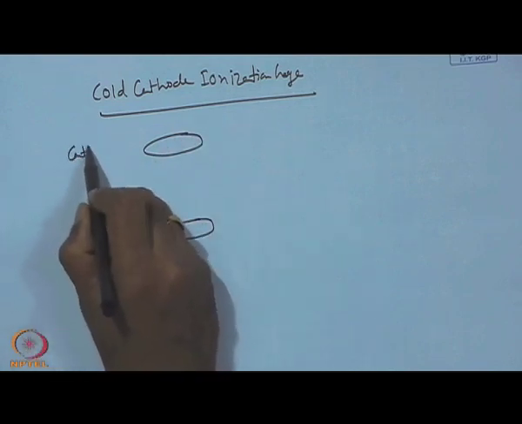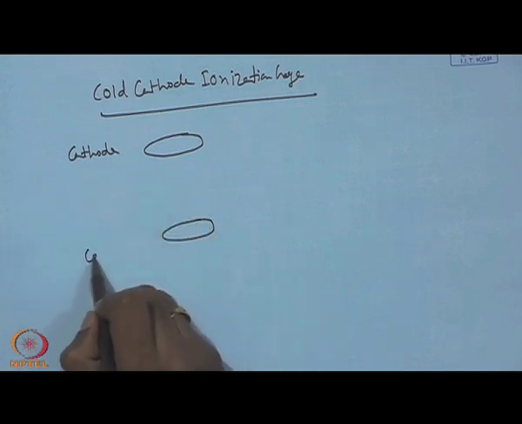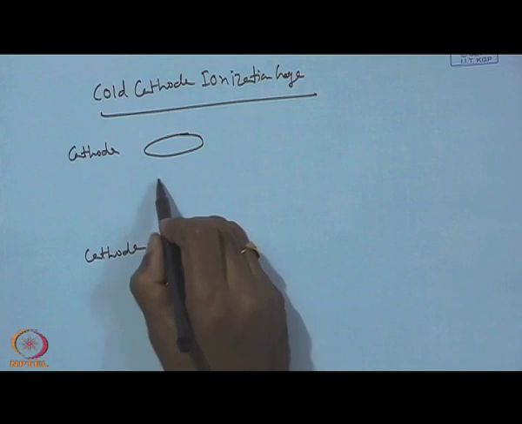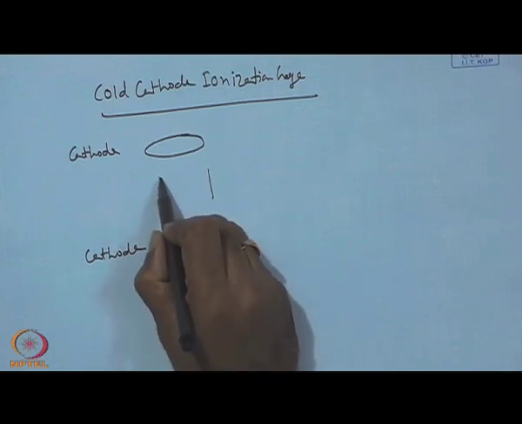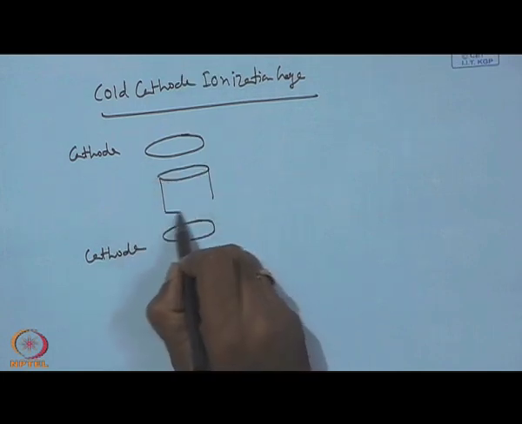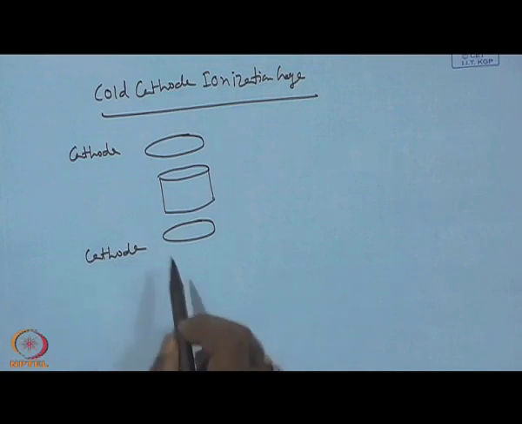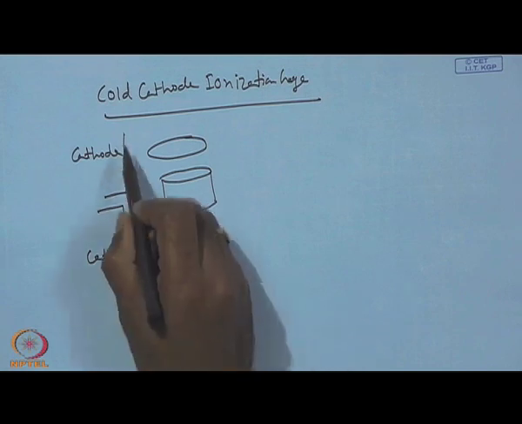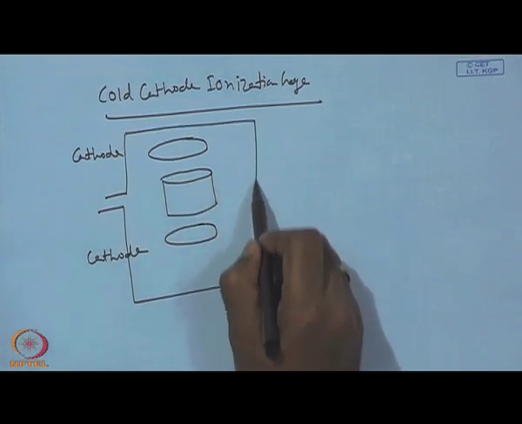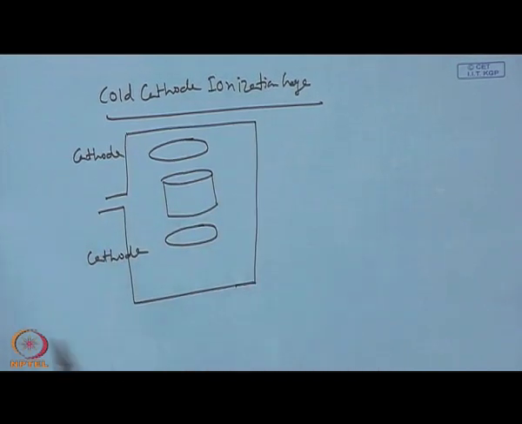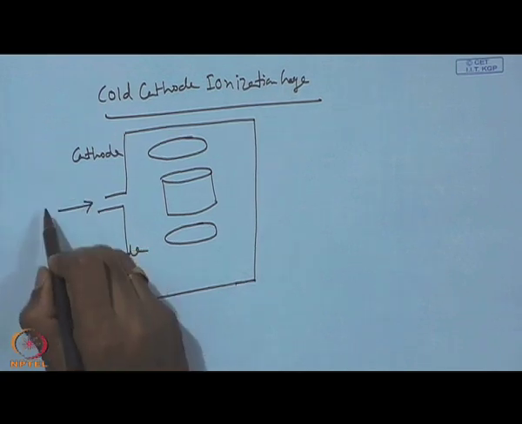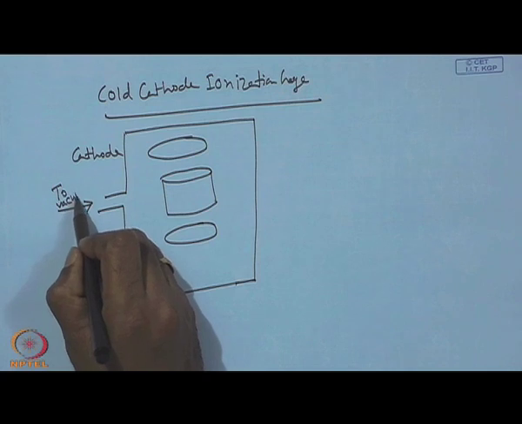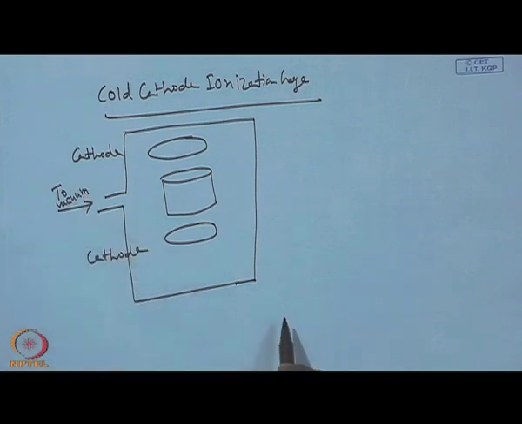We have a pair of cathode and a hollow anode. This is the enclosure, connected to vacuum source.